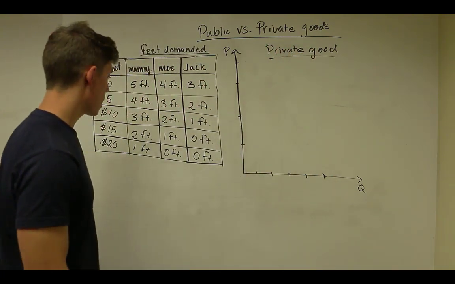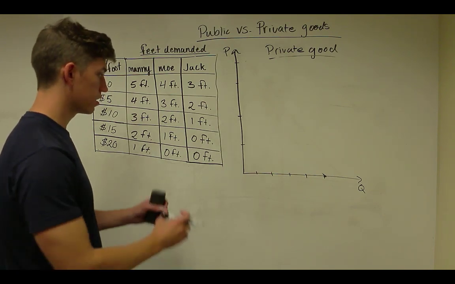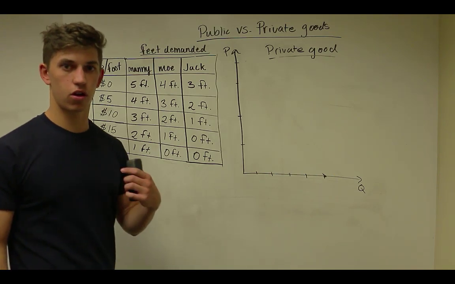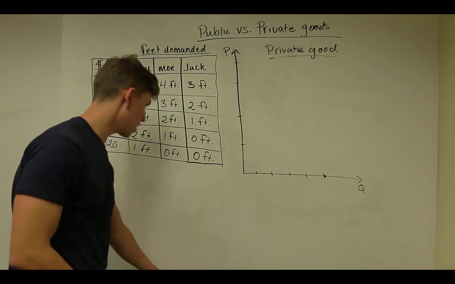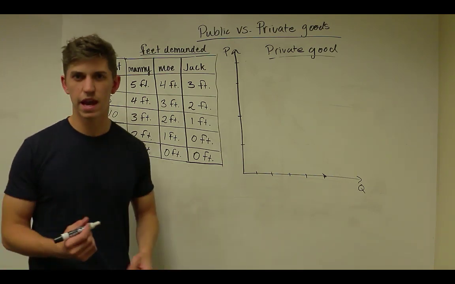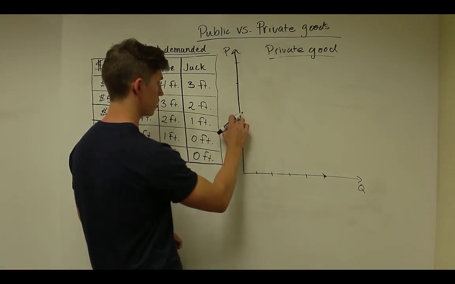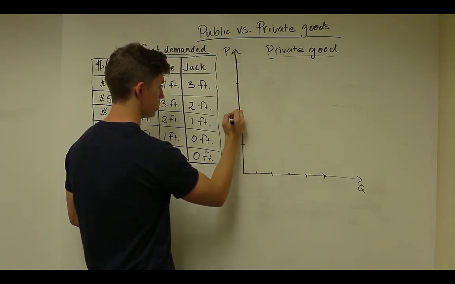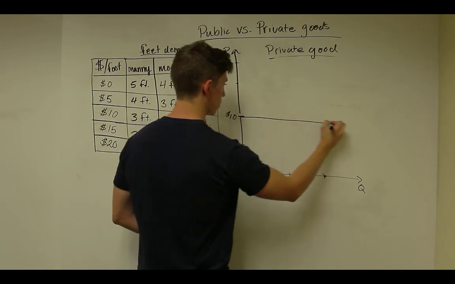Now the way you have to think about this is summing over prices. At each price, how much are consumers going to demand? In this problem we're given that the marginal cost is 10. So I'm going to write $10 here, and that is supply.